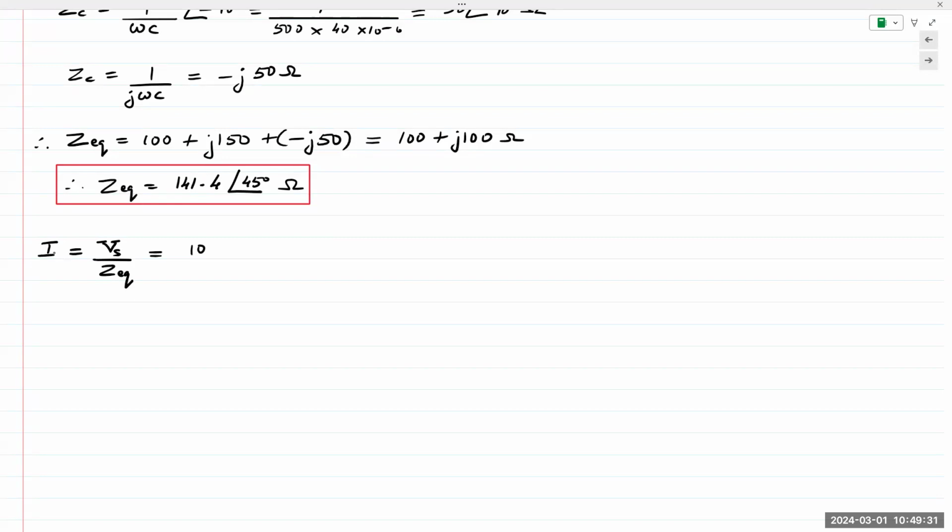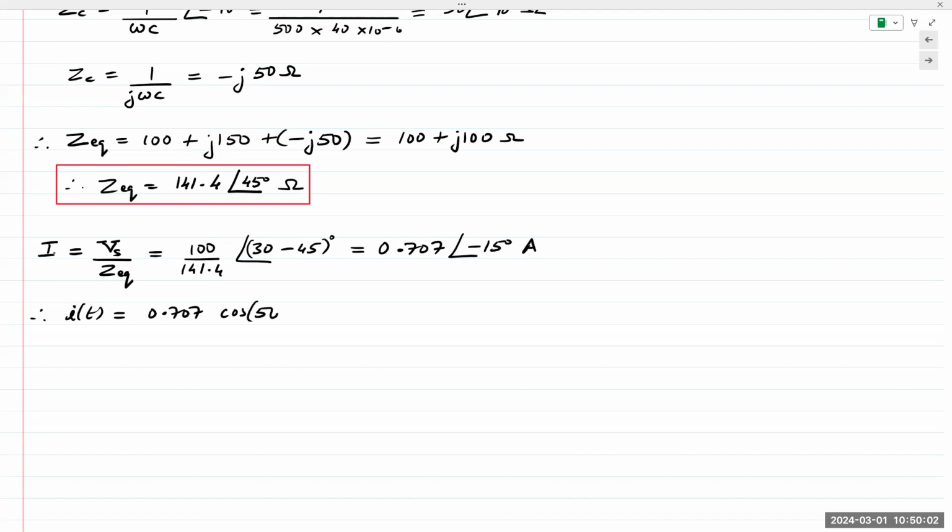Vs is 100 with an angle of 30, and this one is 141.4. The phase angles are subtracted, so it's 30 minus 45. This gives me an answer of 0.707 with a phase angle of minus 15. The time domain expression is i of t equals a peak value of 0.707 cos of 500t minus 15 degrees.